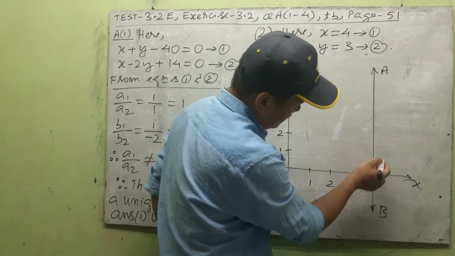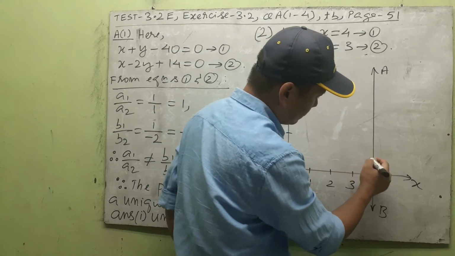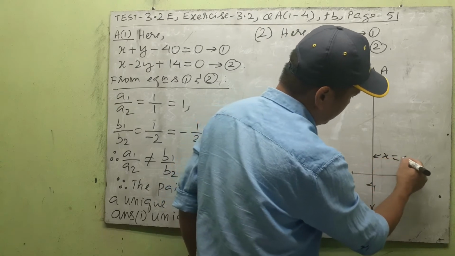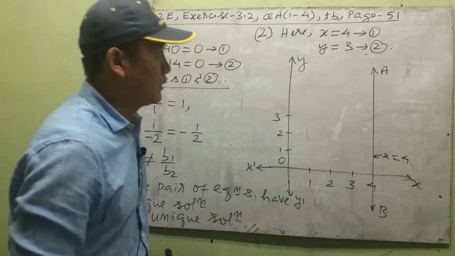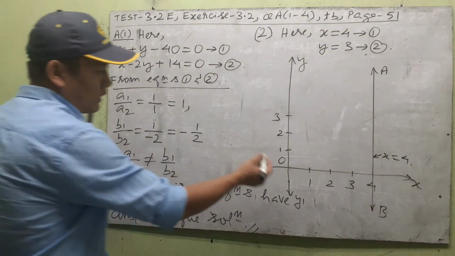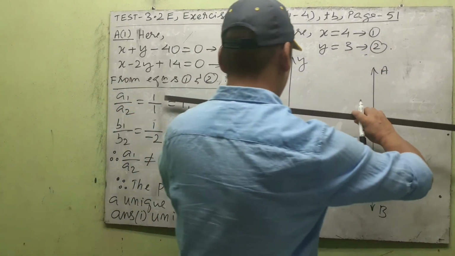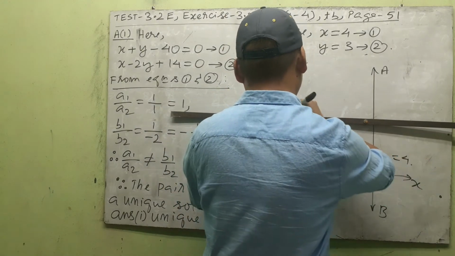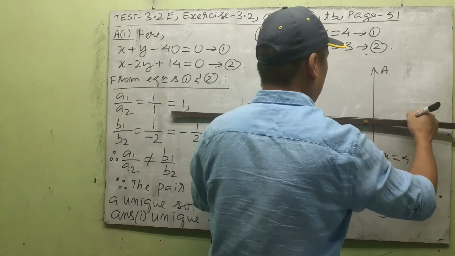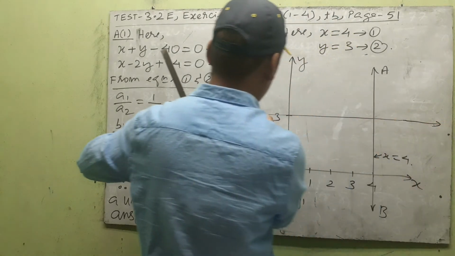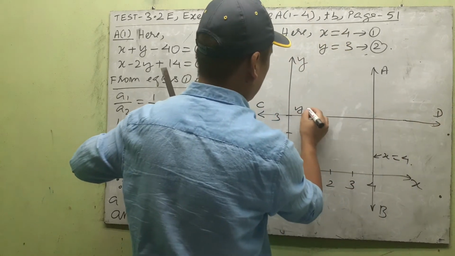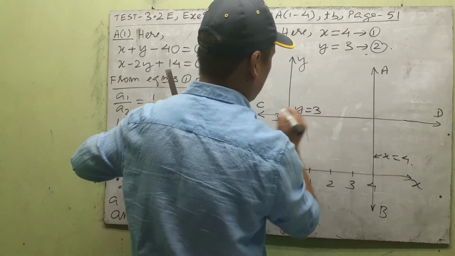So I can write here this graph here representing x equal to 4. Then the graph of y equal to 3, equation 2. Let's draw that. Y equal to 3 is here, so we draw a line right from there. And this is the graph of, let us say, CD, which is the graph of y equal to 3.